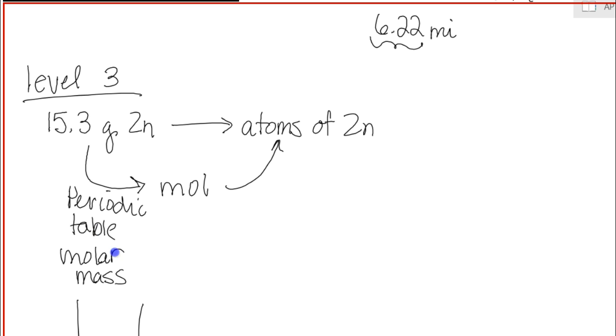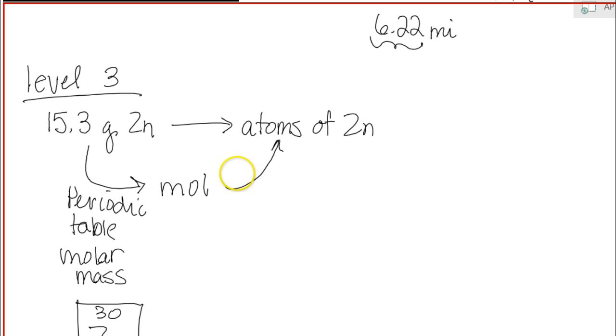And for zinc, if we look at zinc on the periodic table, which I'm doing right now, I notice that zinc, which is atomic number, I'm going to find it. I would have planned ahead if I'd known I was going to choose zinc in my brain. 30 has a molar mass of 65.39. Okay, so this number down here is our grams to moles conversion. That's going to be our first one.